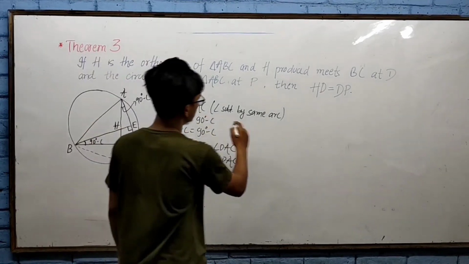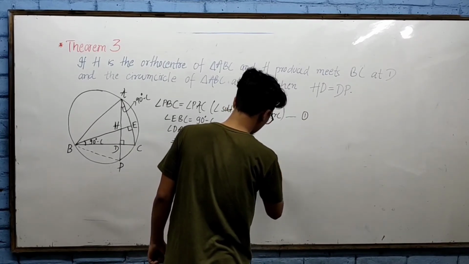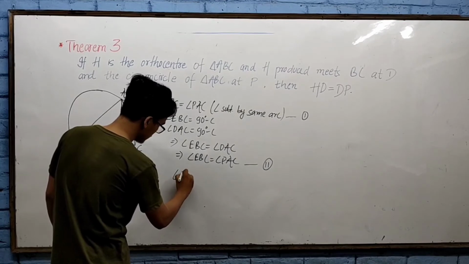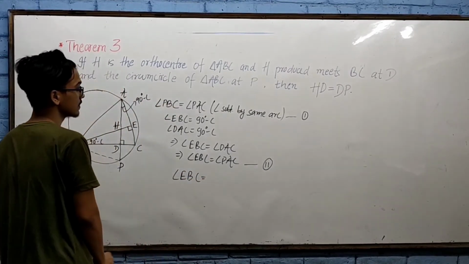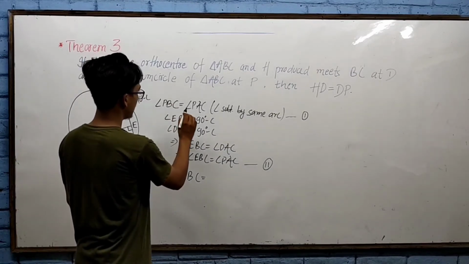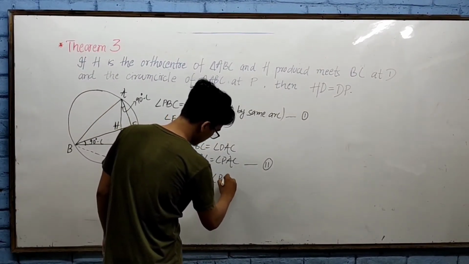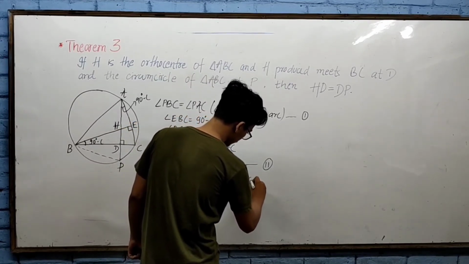Now if you consider the first result as 1 and this as 2, then clearly, from 1 and 2, angle EBC equals angle PBC.